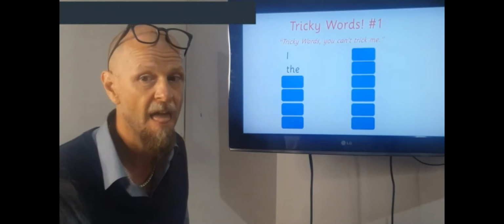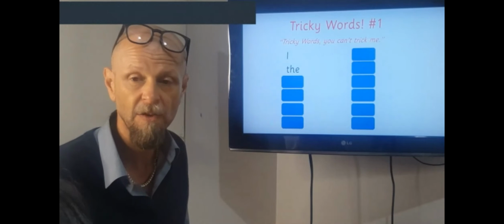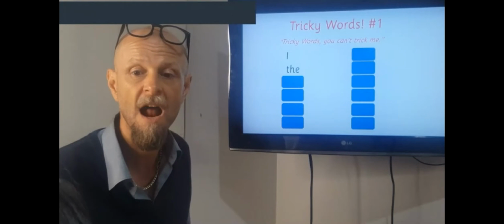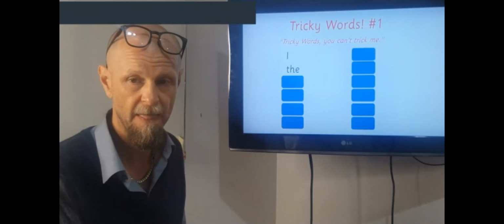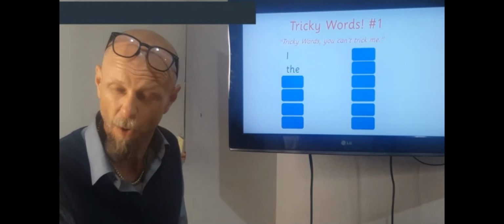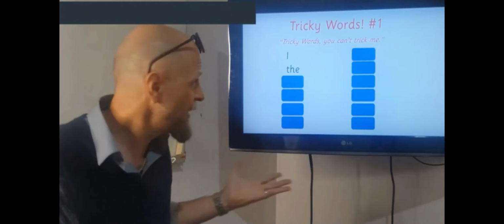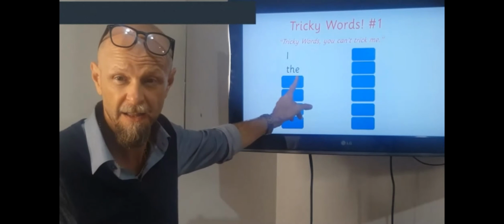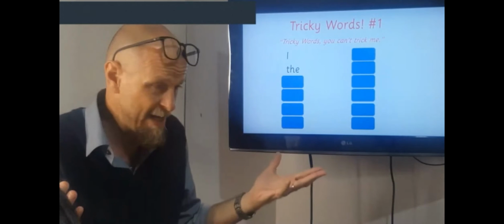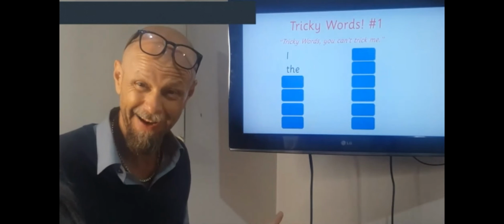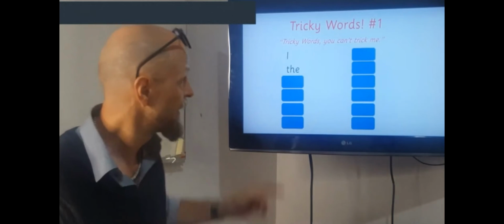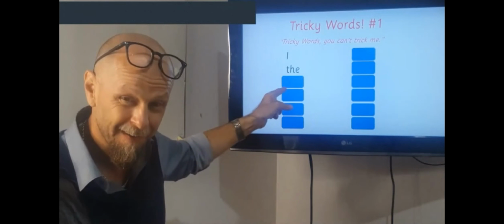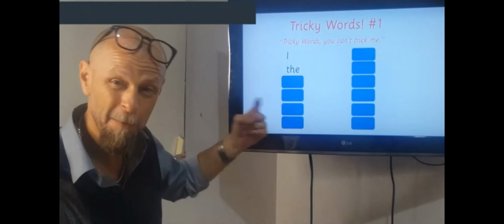You say the. Can you say that for me? The. Yeah. That's it. Why do we say the? Why do we not say it the other way? Do you know? You don't know. Tricky word. You can't trick me.